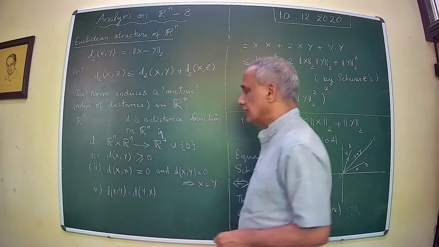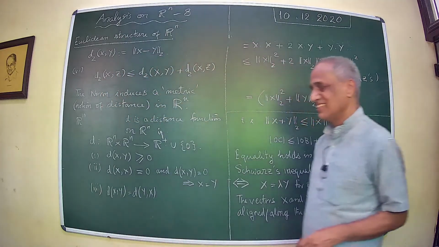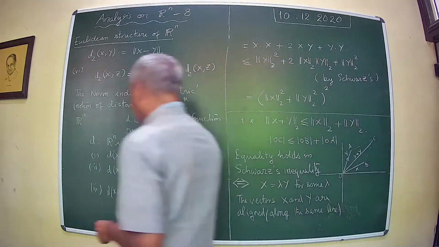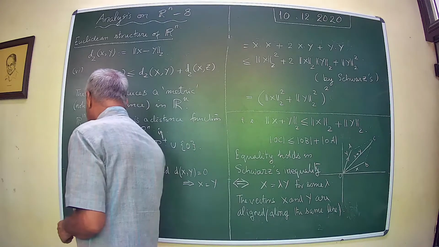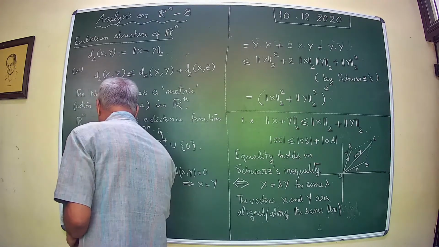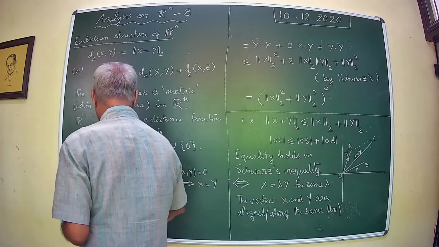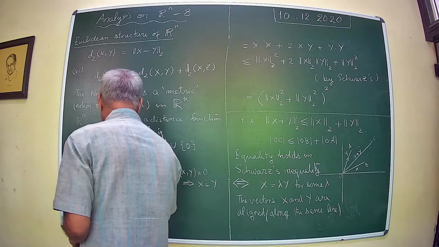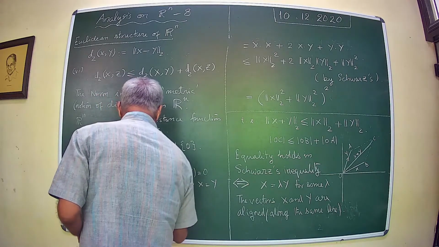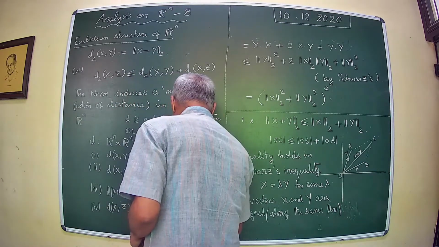That means the distance from A to B is the same as the distance from B to A. Then the fourth property is that the distance from x to z is less than or equal to the distance from x to y plus the distance from y to z.